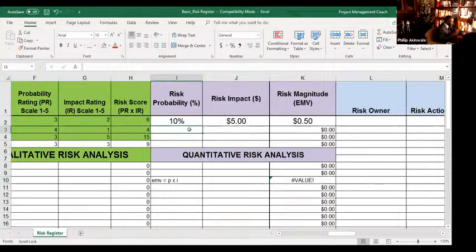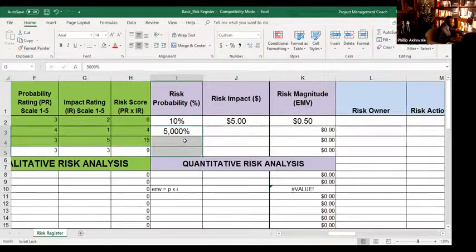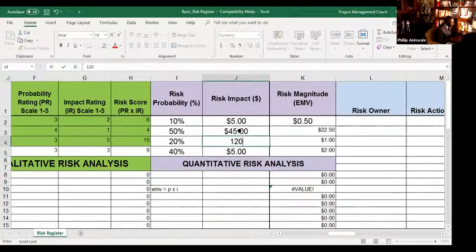So if we put a few more in here, this is the idea. The idea is to assess all the risks in terms of their probability in percent, and assess all of the risks in terms of their impact, of course, using historical information, expert judgment, documents that are out there in public space, doing your thorough analysis.